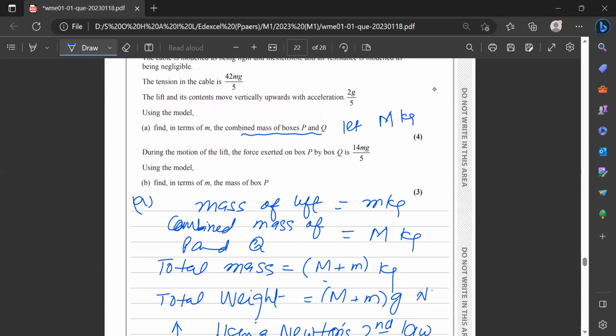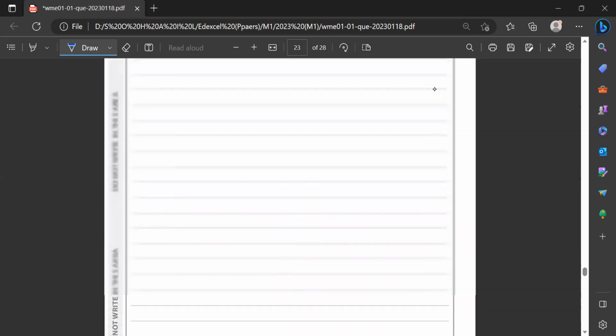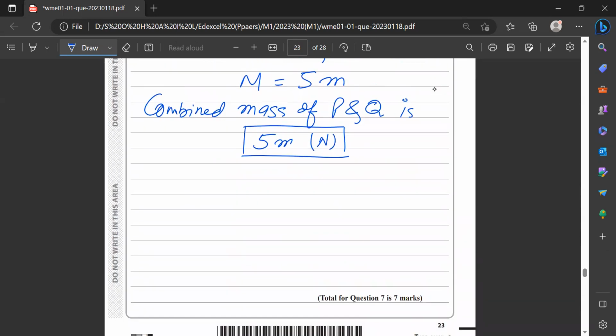During the motion of the lift, the force exerted on the box P by Q is this. So this is the important point. For this concept, I can draw a figure.